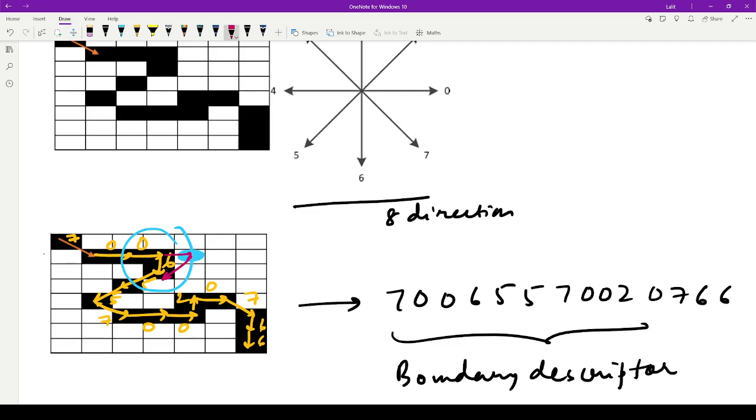So your boundary descriptor should contain all the pixels right here. That's the core idea. Even here, as we see, we just took a 90-degree turn instead of a 45-degree turn, because we cannot leave the specific pixel. So in the same case here.